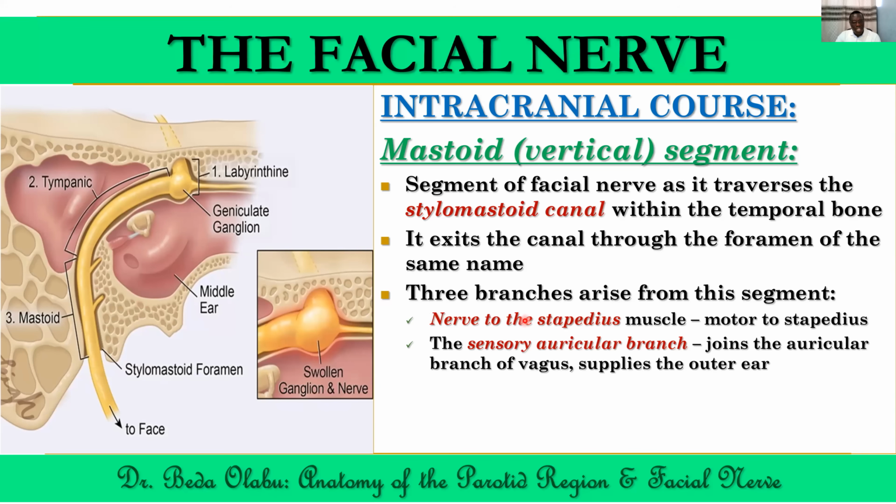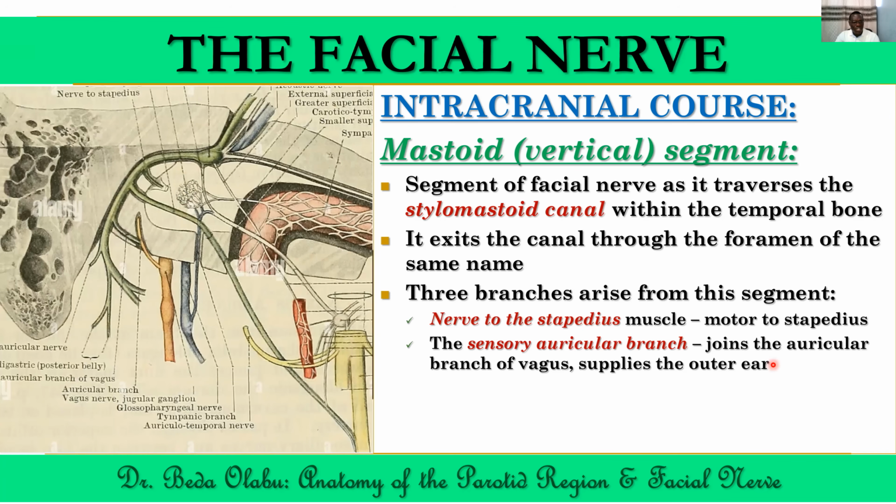We have a sensory branch which goes to the ear. We call it the sensory auricular branch. This sensory auricular branch joins the auricular branch of the vagus nerve. Vagus nerve is the 10th cranial nerve, and they contribute to innervation of the outer ear. In particular, they contribute to innervation of the auditory canal, the external auditory meatus, some parts, also some part of the auricle and the skin behind the auricle.